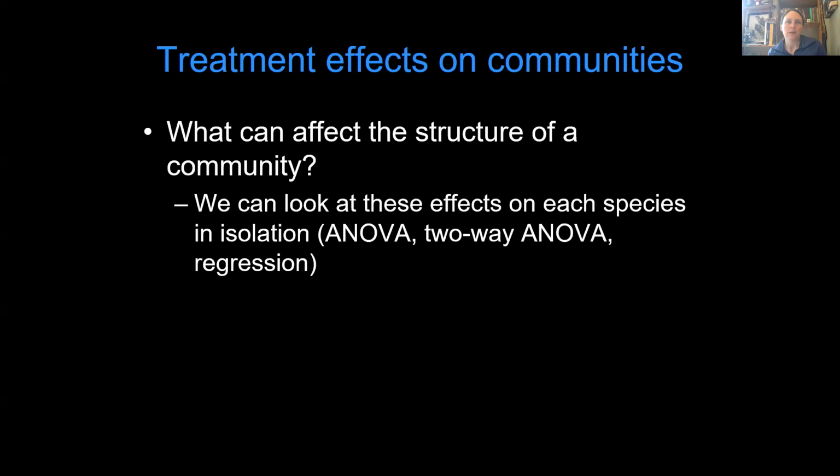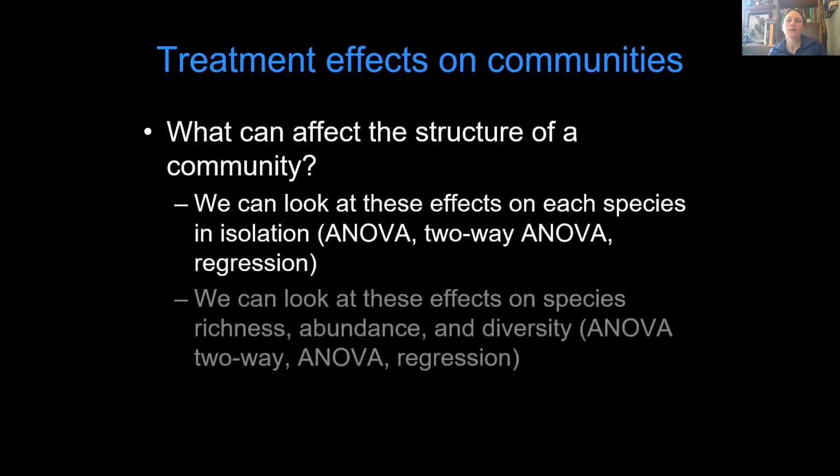So you could start imagining how you can look at just single species using the tools that you already have. You could also use these same tools that you've already learned, t-tests, ANOVAs, regressions, to look at the effects on species richness, total abundance in your community, or diversity indices in your community. Okay, so we're still talking about all these things that you already know how to do. I just want you to get a sense of how much you've learned so far.